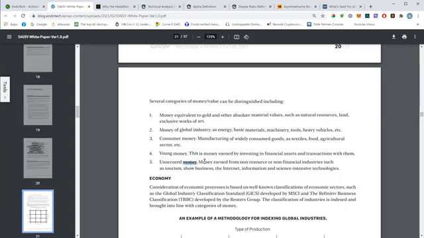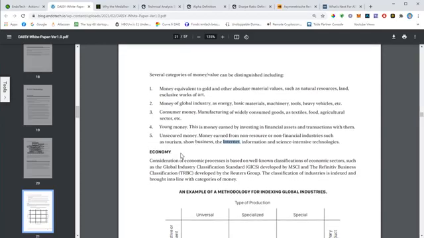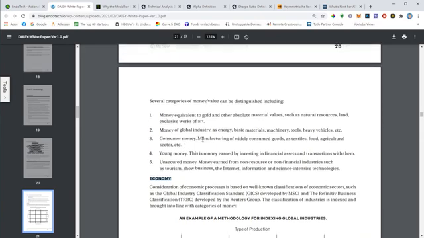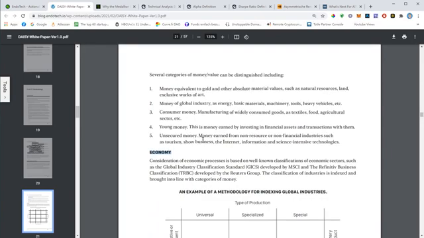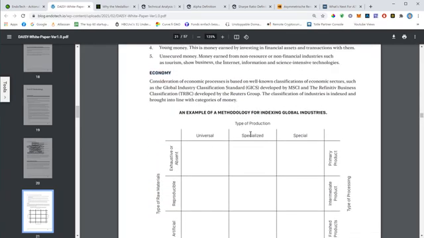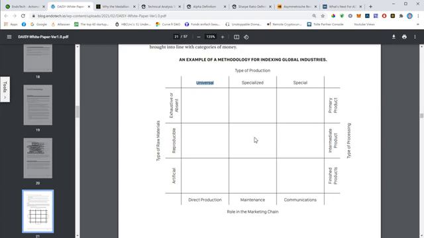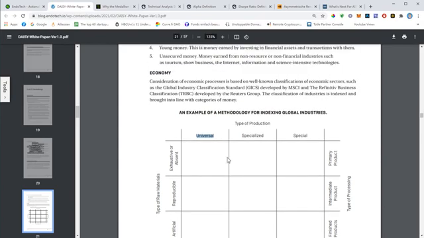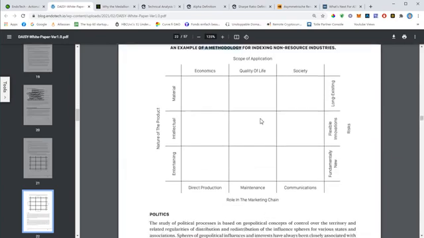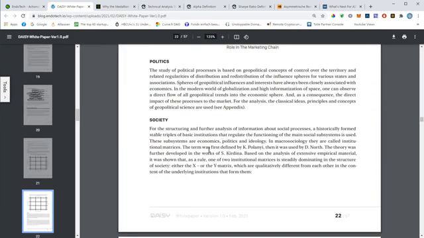You will have unsecured money, money earned from non-resource and non-financial industries such as tourism, show business, internet, and so on. So they categorize the money, look at the different clusters and categories, and put it into different buckets to make it understandable for the superintelligence. This now becomes very specific, and I will not talk about everything.